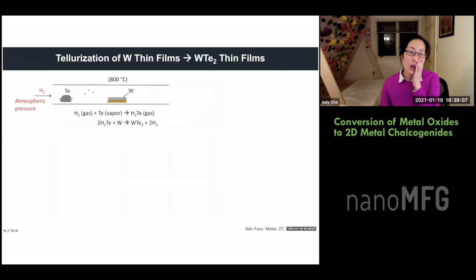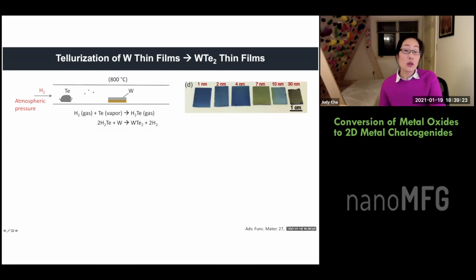And we think that the hydrogen reacts with tellurium to make hydrogen telluride, that is an intermediate phase, very reactive. And we think that this intermediate gas phase reduces tungsten and then makes tungsten telluride. So this can work. So here is now different thicknesses of tungsten sputtered film after tellurization, okay?